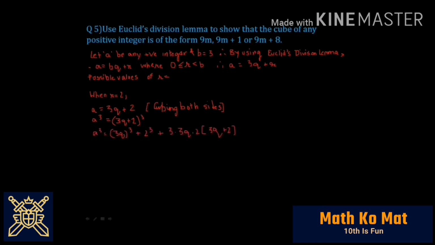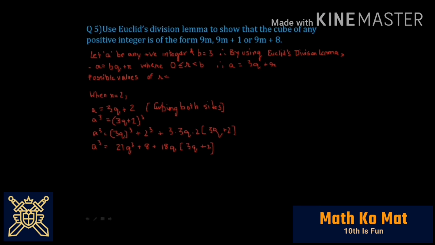A cube is equal to 3q whole cube plus 2 cube plus 3 into 3q into 2 multiplied into 3q plus 2. Now this is equal to 3 cube is 27 and q cube is q cube, 27q cube, plus 2 cube is 8, plus 3 into 3 is 9 and 9 into 2 is 18, so 18q multiplied into 3q plus 2.